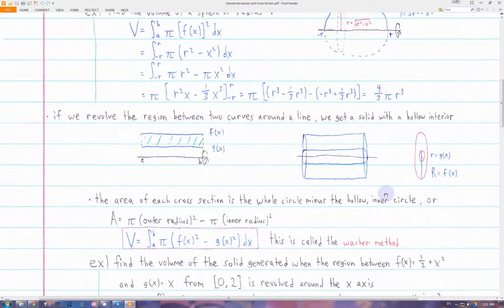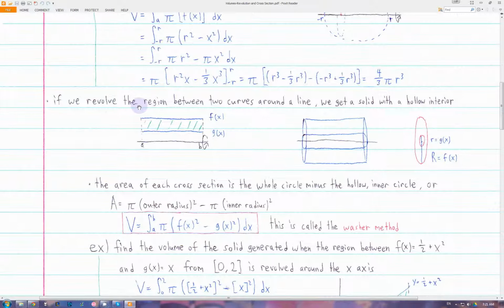And so if we take the region between two curves and revolve that around a line, then we get a solid of revolution that has a hole in the middle of it. So you can see here we took the region between these two lines, f of x and g of x, and when we revolve them, we get a cylinder with the hollow tube in the middle. And so taking the cross-section circles, they'll have a hole in them.